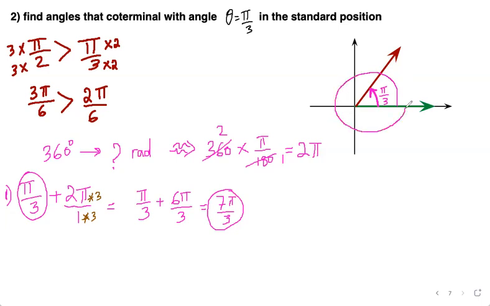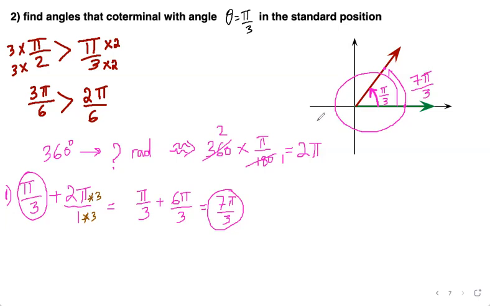This is 2 pi, I stop here. Then I have to rotate by pi over 3. This is pi over 3. Stop here. This is 7 pi over 3.